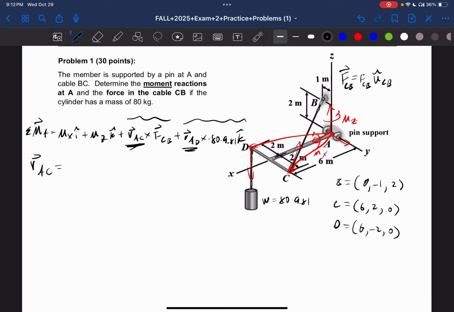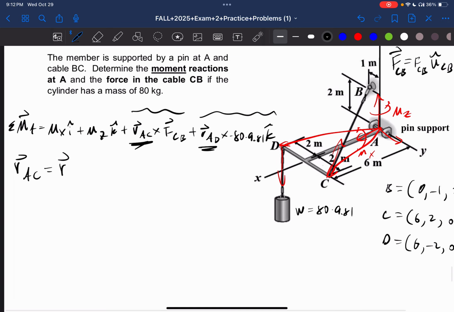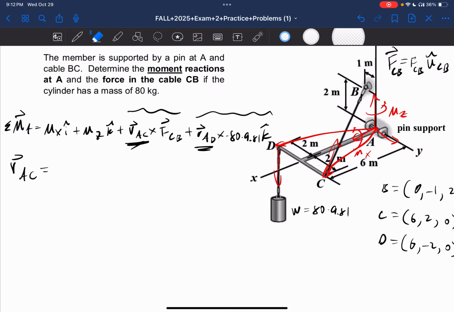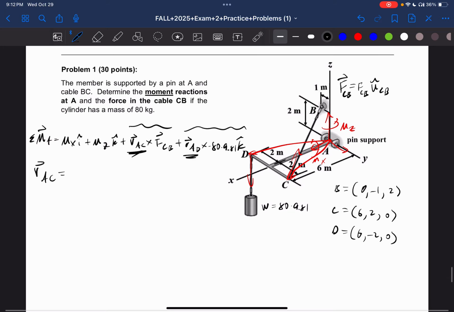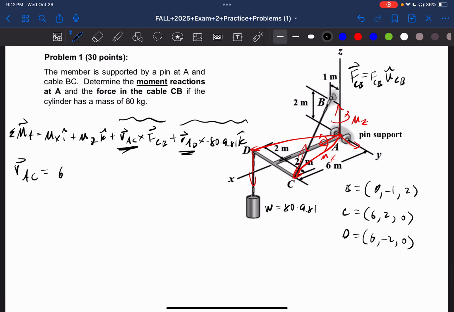AC is going to be equal to C minus A. Wait, A is 0, so it's literally just going to be C. Yeah, so it's going to be 6i plus 2j. AD is going to be equal to just D basically, so it's going to be 6i minus 2j.